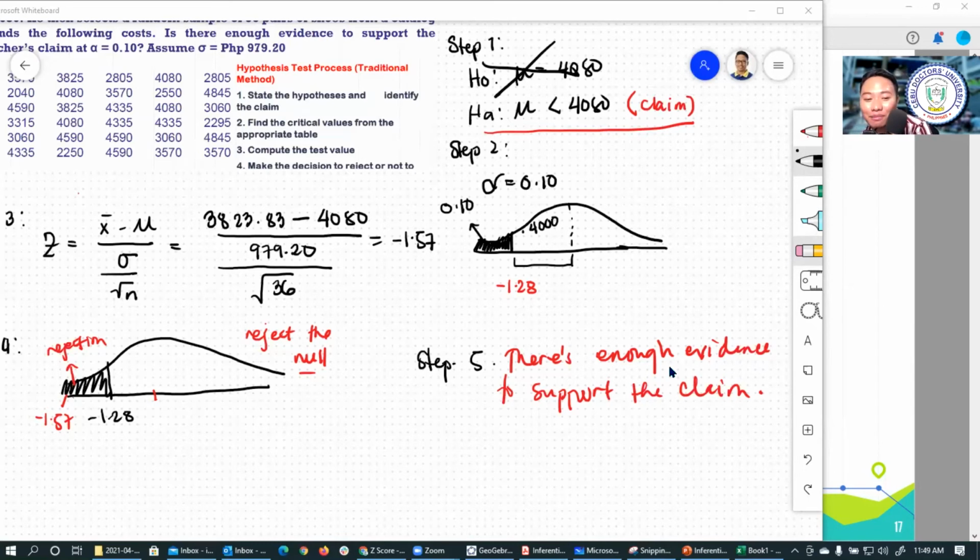Not necessarily the more it is unshaded. Your basis for the rejection of the null, guys, is the value of your statistic, the step three. After you solve for step three, you then try to find where the value belongs. Is it from the rejection area or the acceptance area? It doesn't matter how large the shaded area is.